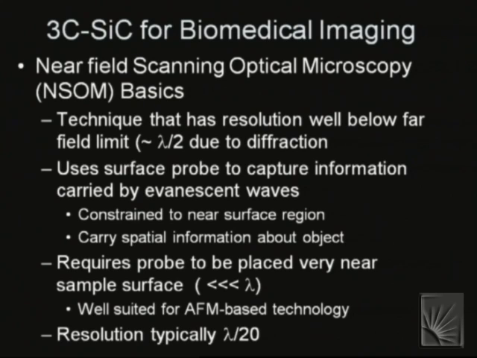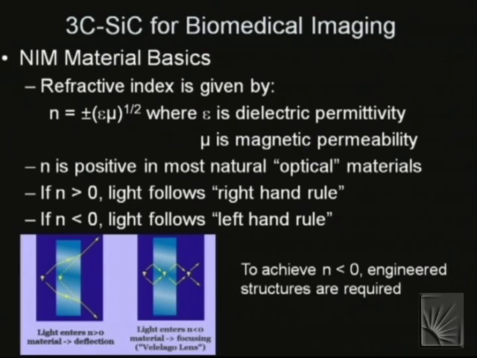A colleague of mine at the University of Texas is a physicist, and he called me one day and said he's been doing calculations, and he knows from his calculations that silicon carbide has a negative permittivity at around 11 microns wavelength. And it's a positive permittivity at all other wavelengths that he probed.